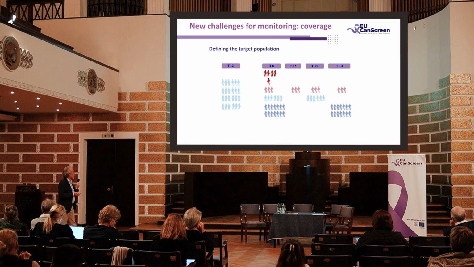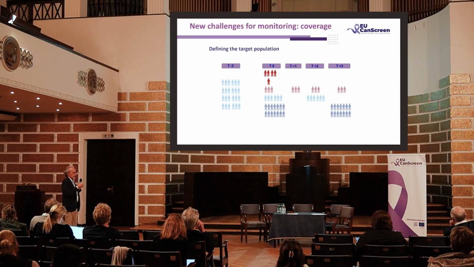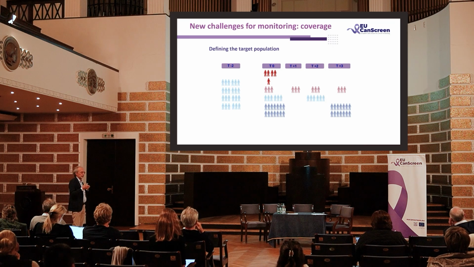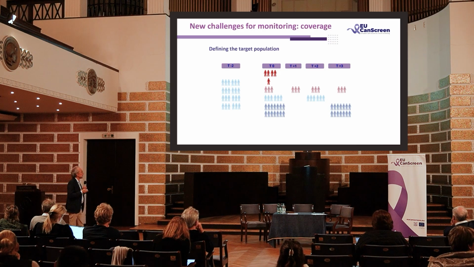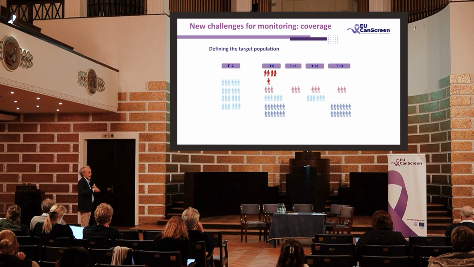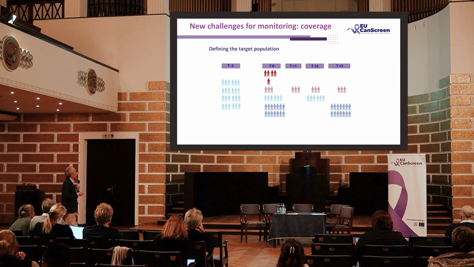But given that the target population is stratified by different risk groups and different intervals, monitoring coverage might become quite difficult, because given the distribution over time of different subgroups, the population is no longer the same, unlike the repeated regular tests that we are used to doing now.